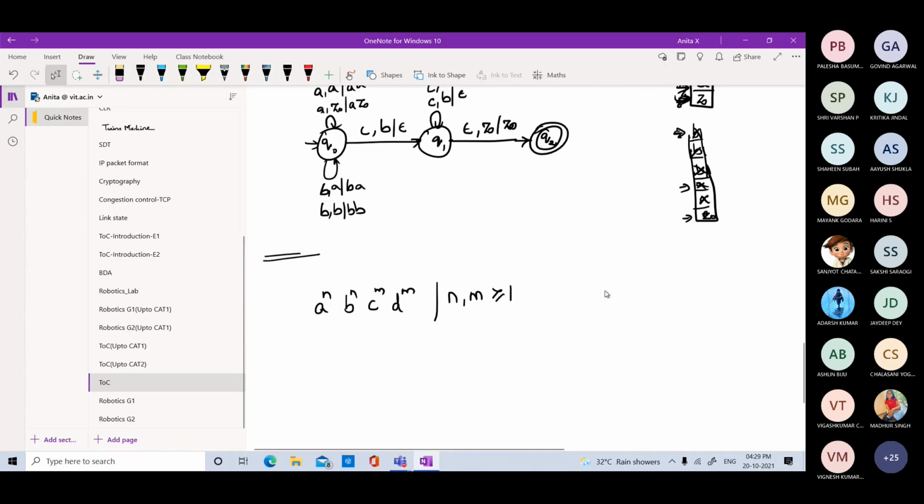Also, try designing the PDA for this: a^n b^m. Two minutes time.